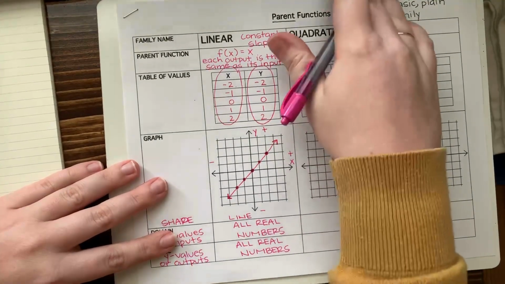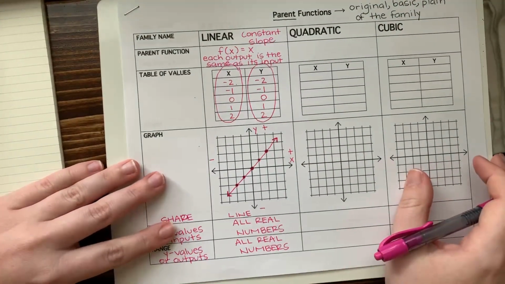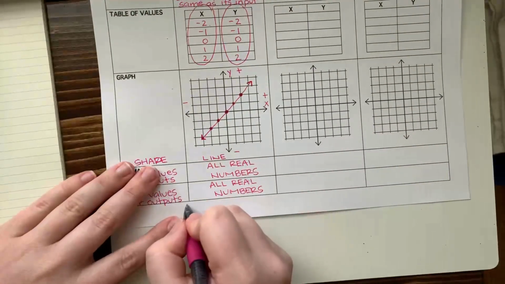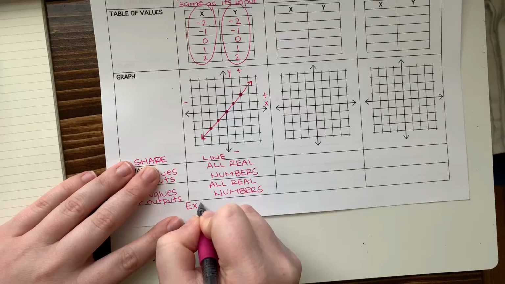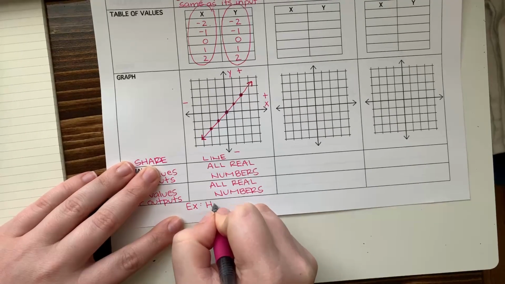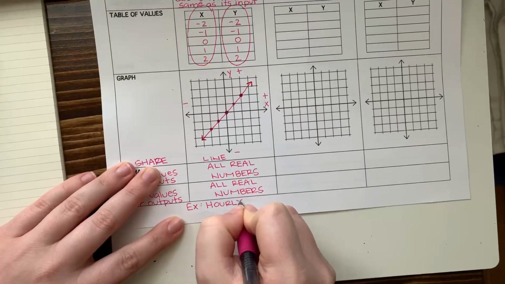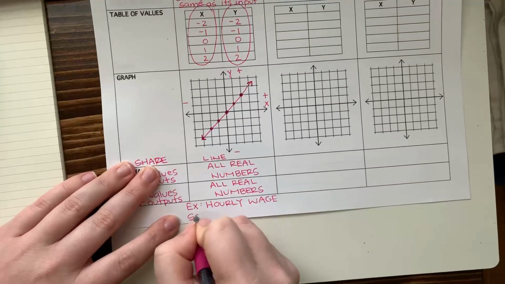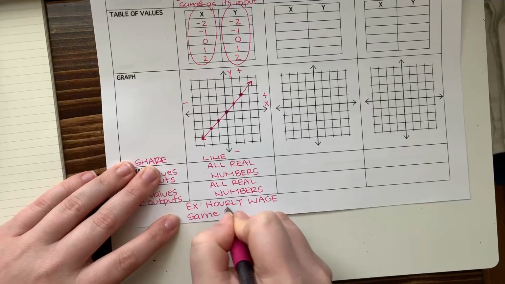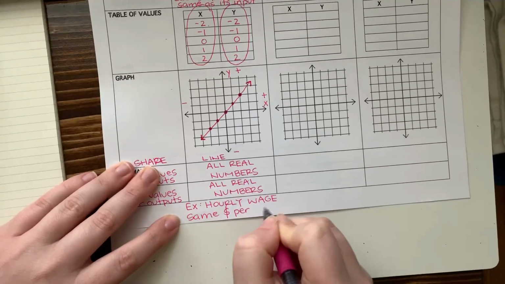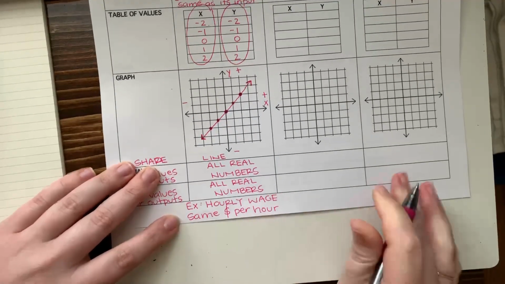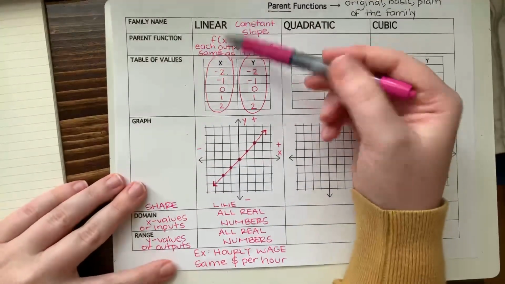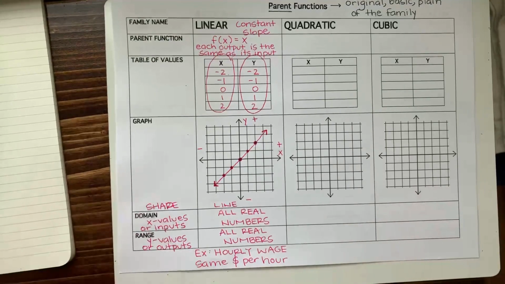And you can think about this in there's a lot of different situations where we use a linear function, but one clear example is an hourly wage, which means you make the same amount of money per hour. Okay, so like a minimum wage or any job where you make the same amount, that would be represented with a linear function.